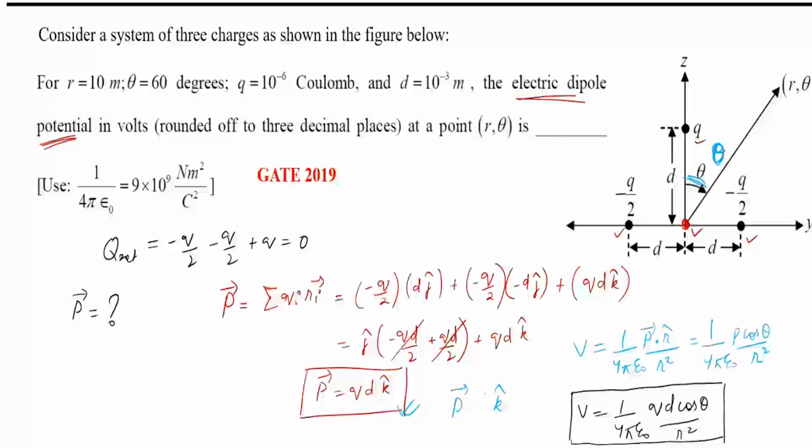If you want to find the potential at a point P, when you try to find this expression, we can see that it is an infinite series. The system which you are calling a dipole is a kind of approximate dipole. Remember this.